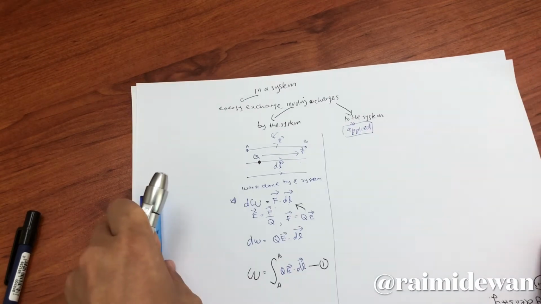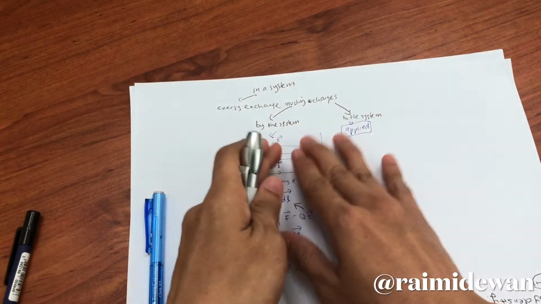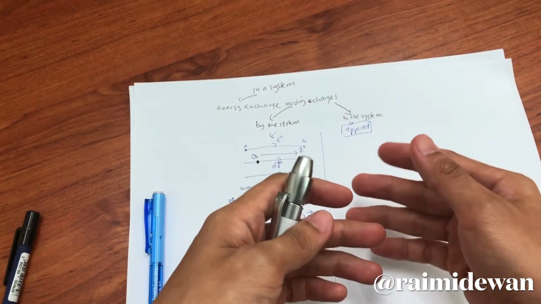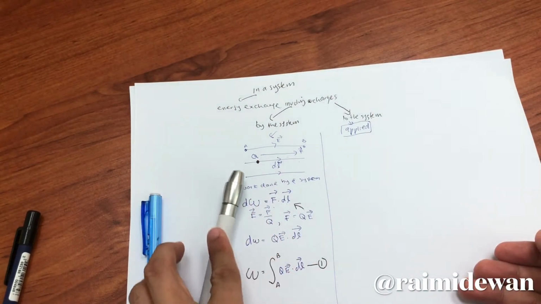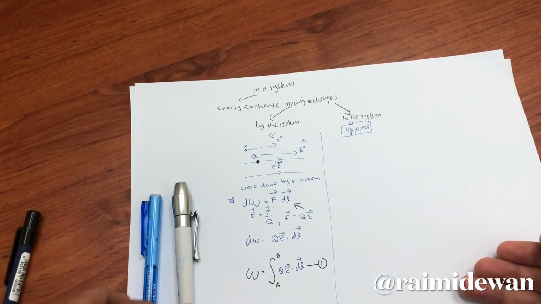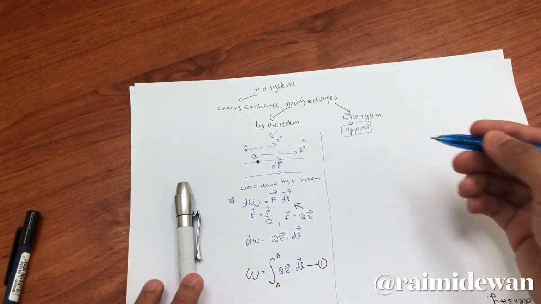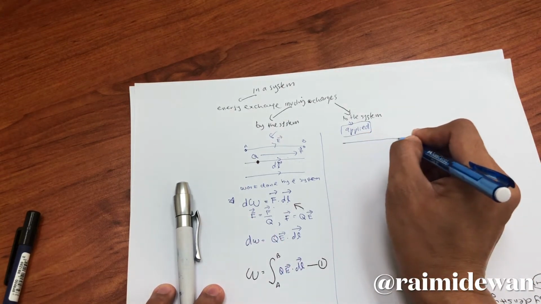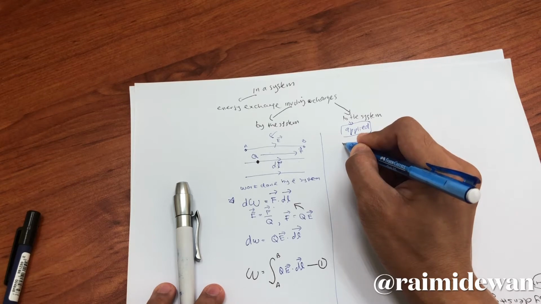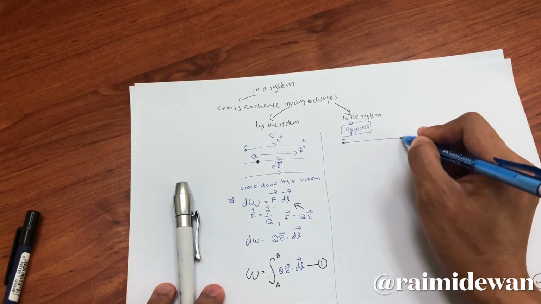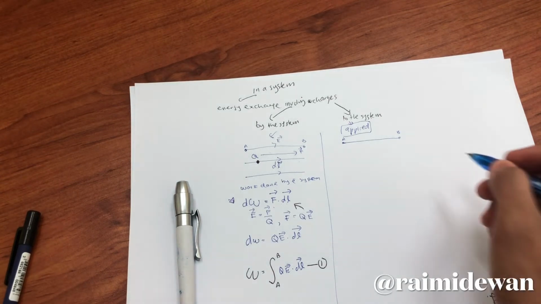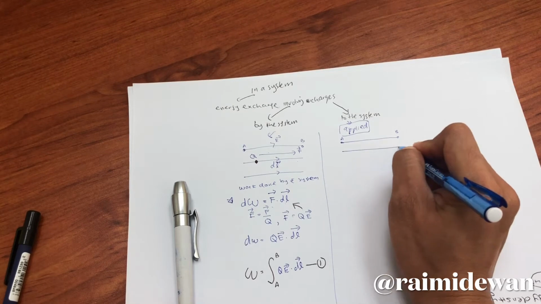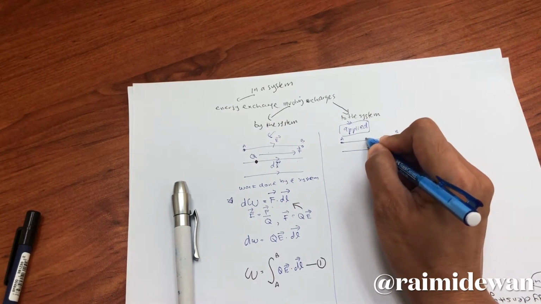Now we move to a similar case, but in this situation we apply the external factor. Imagine you have point A and point B, with the same electric field flowing in this direction.